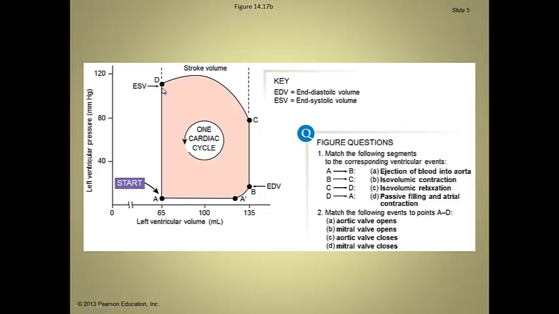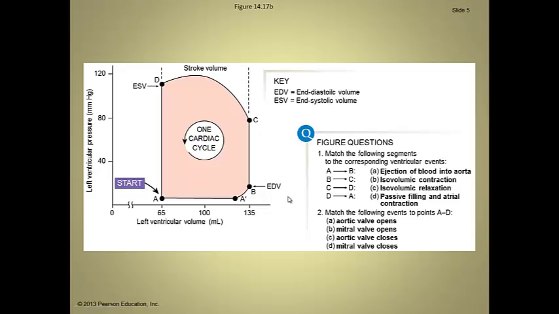The pressure is lower than in the arteries, so the semilunar valves are closed, but it's much higher still than in the atria, so the AV valves are also closed. Now, through this period of relaxation, once the pressure drops, we'll start again over at A, where the AV valves will open and the ventricle will refill with blood for the next cardiac cycle.